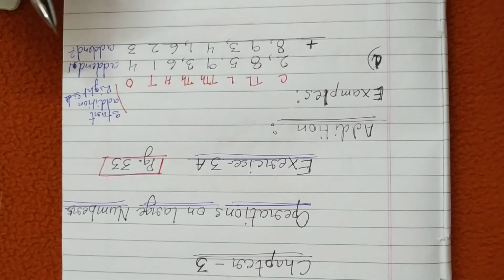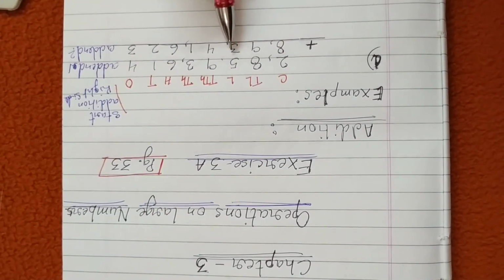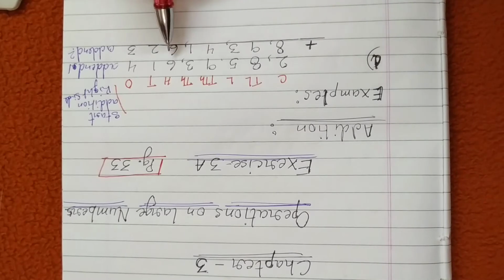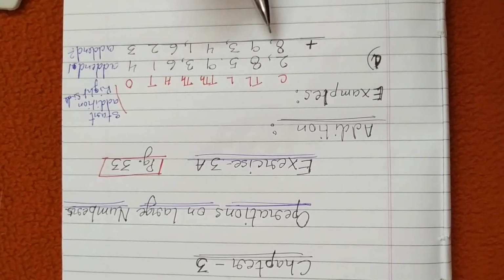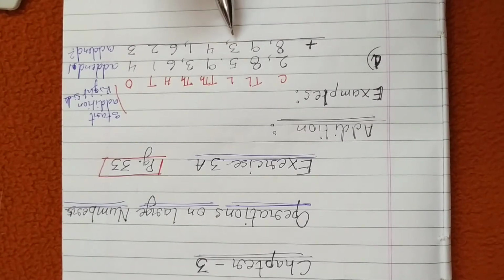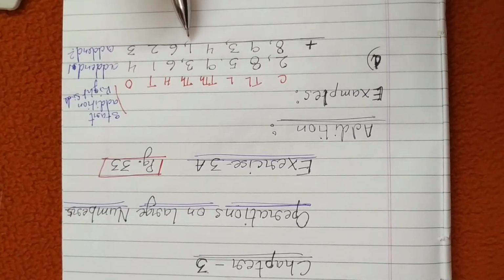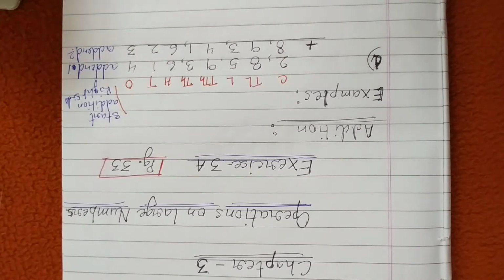So what is our first addend? 2 crore 85 lakh 93,614. What is the second addend? 8 crore 93 lakh 41,623. So this much is clear to you all, children.